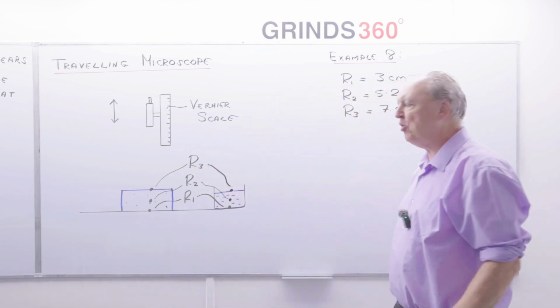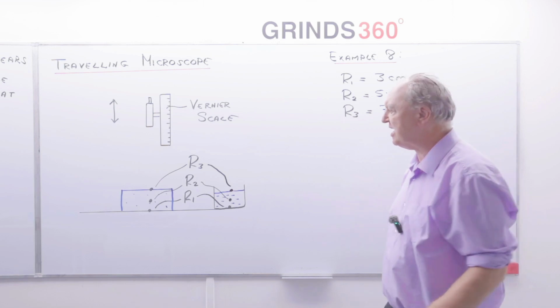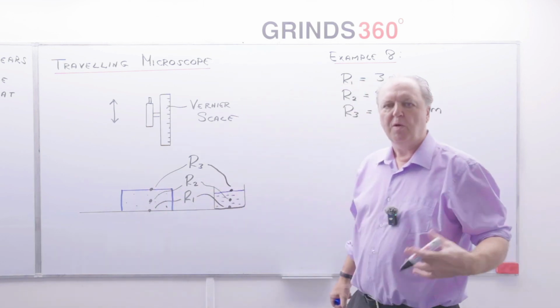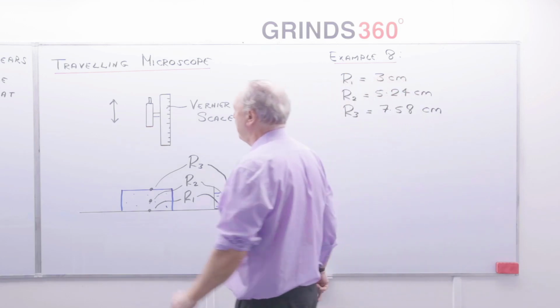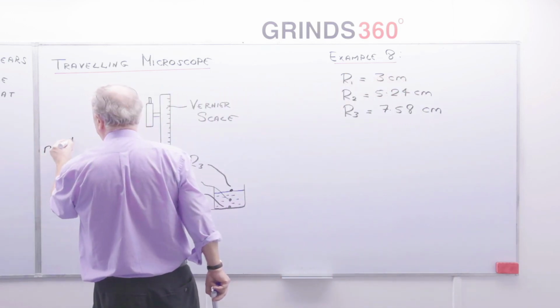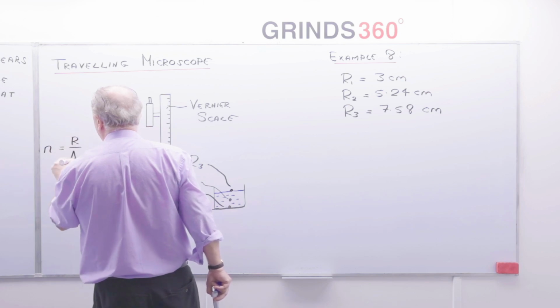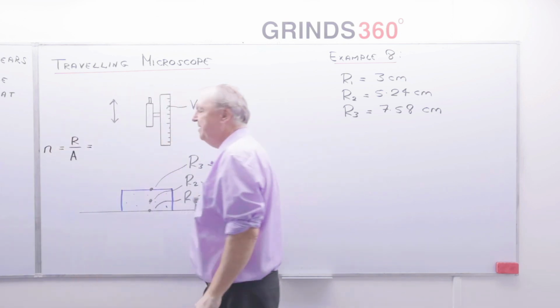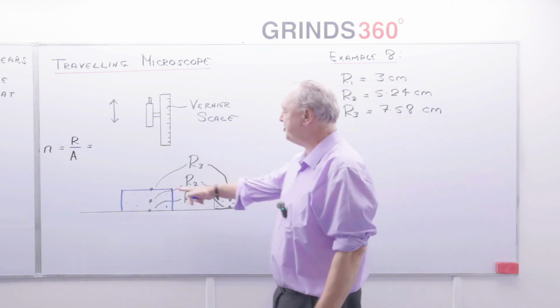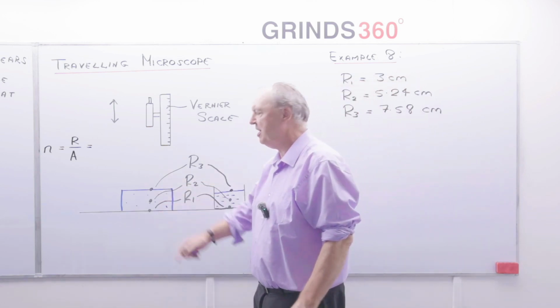And then from those results, I want to work out the refractive index of the glass and the water. Well, what's my formula for refractive index? The refractive index of material N is real depth divided by apparent depth. Now, what's the real depth of the glass? The real depth of the glass will be the top reading minus the bottom reading.